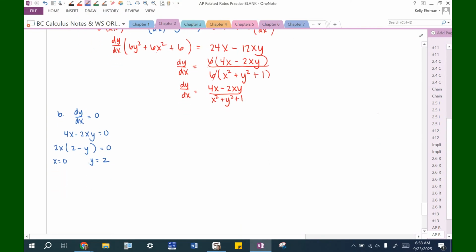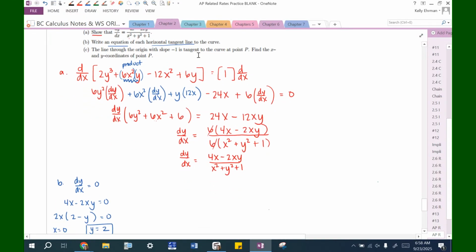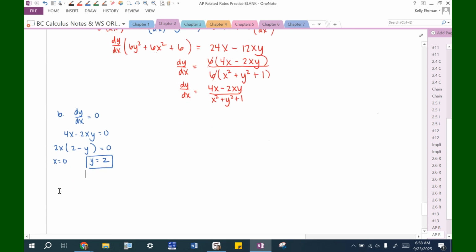For the x value, this is not the equation of a tangent line. I need to go back to the curve and plug in 0 for x and see what's left for the y coordinate, because I don't know what the y coordinate is. I'm trying to come up with a point. So this is already a horizontal line. So I can stop there.